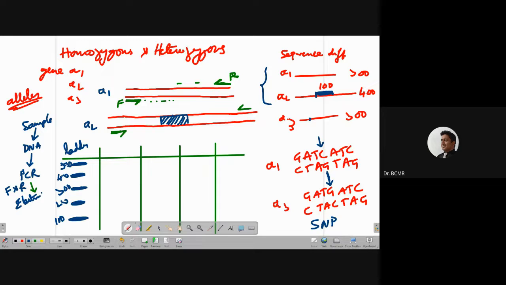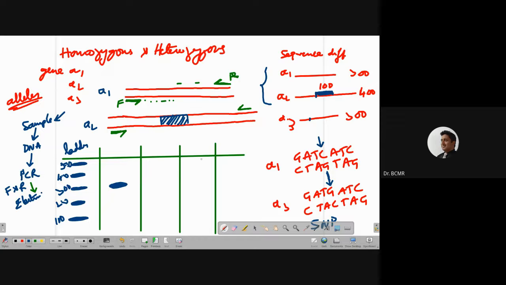So if I perform PCR, and if the sample has given a result like this, with only one band, what does that mean about the sample, about the genotype? Do you think the person has 2 copies of A1 or 1 copy of A1 and A2?